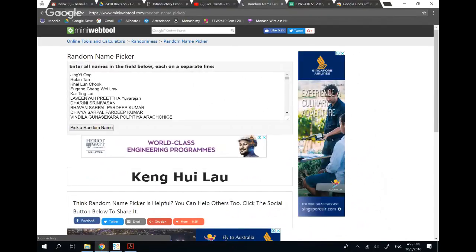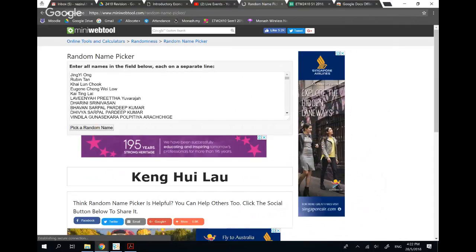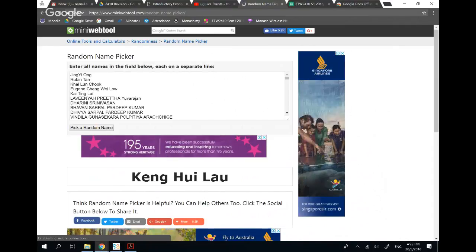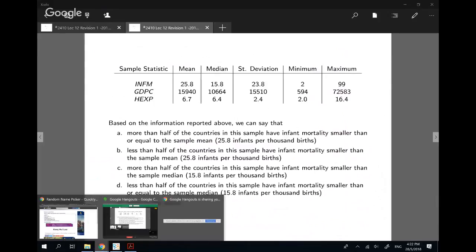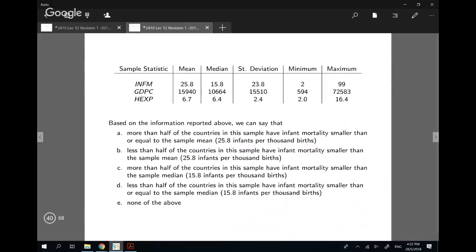Okay, who's turn? King Hui. Yes. What's your answer? C. More than half of the country sample have infant mortality smaller than the sample median.